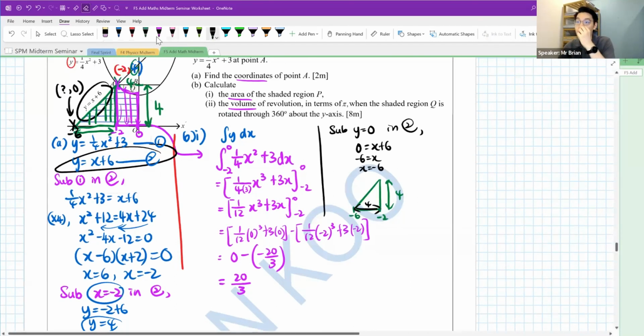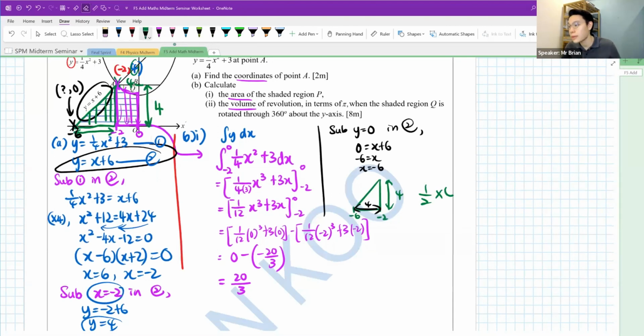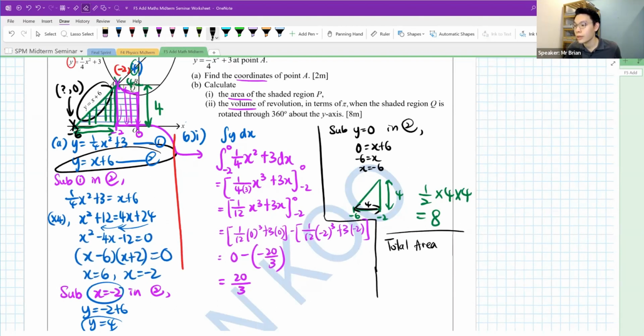So the area of this triangle is half times base times height equals to 8. Okay, the total area will be like this. It would be the purple color 20/3 plus the green color 8, and we will get 44/3, or you want to write it as 14 and 2/3 also can.